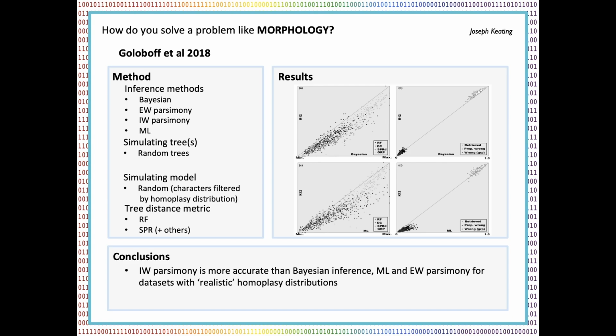Instead, Golubov simulated data under a random model of character evolution, with no assumption of a shared evolutionary rate. Simulated datasets were constructed so that they possessed a realistic distribution of homoplasy. Contrary to previous studies, Golubov's results suggested that implied weighting parsimony was more accurate than all other methods.